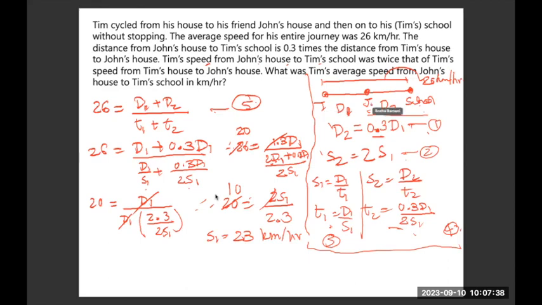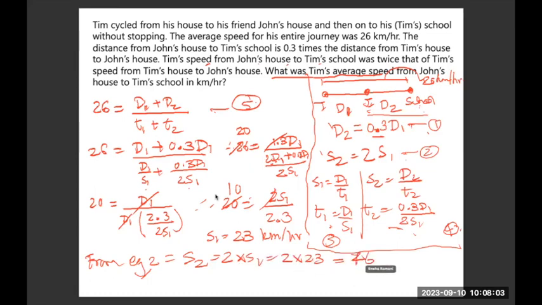What I have to find, the question is Tim's average speed from John's house to his school, which is S2. Now from equation 2, it can be derived that S2 is equal to 2 into S1, which is 2 into 23, which is 46 kilometer per hour, which is what I have to find.